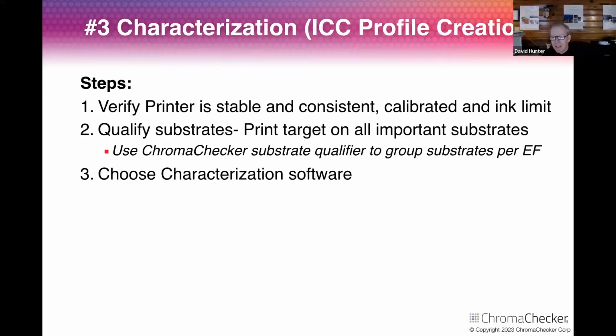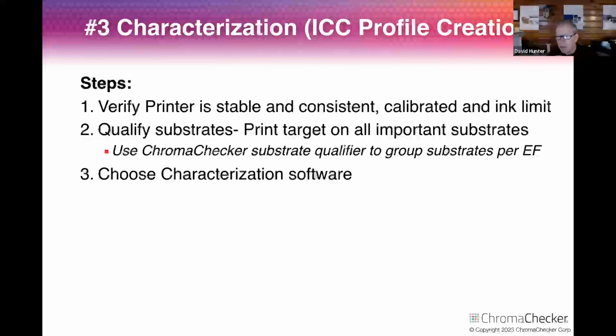But when I profile it, the RIP takes care of everything for me, the channel splitting and so forth. So the RIP that I have for my Epson, I can't even profile it in an ECG or extended color gamut capability because the RIP doesn't allow me to. And that's often the case with large format devices with a light cyan or light magenta ink. You treat the light cyan with the cyan, and it's still a 4-color process.